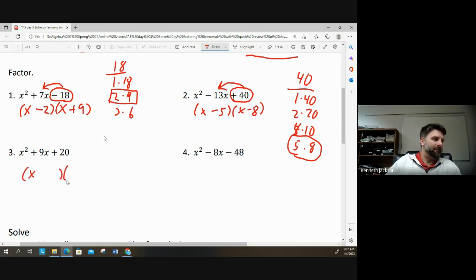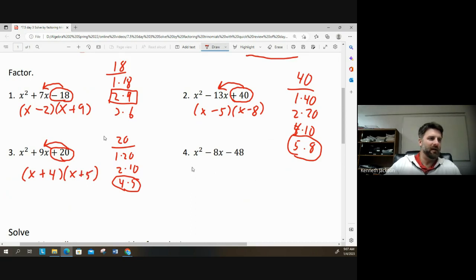On number 3, x and x will get me x squared. I'm looking for numbers that multiply to 20 and add to 9. So numbers that multiply to 20: 1 times 20, 2 times 10, 4 times 5. 4 times 5 would multiply to 20 and add to 9. And if they're going to add, they must be the same sign. And on the last one here, for the quick review, x times x will get me x squared.